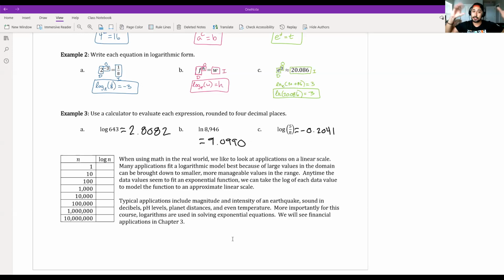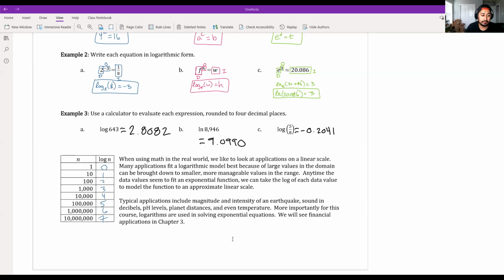perspective. They take exponentially large numbers, put them into a simpler format. So that's all we're going to do on this chart here. Use your calculator and type in the log of 1, the log of 10, the log of 100. And if we start doing that, the log of 1 is 0, 1, 2, 3, 4, 5, 6, 7.